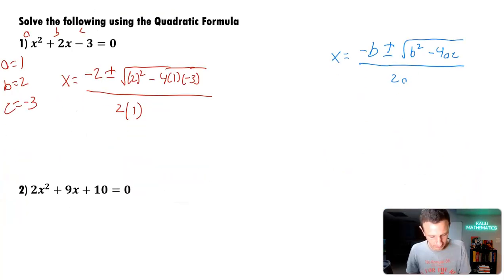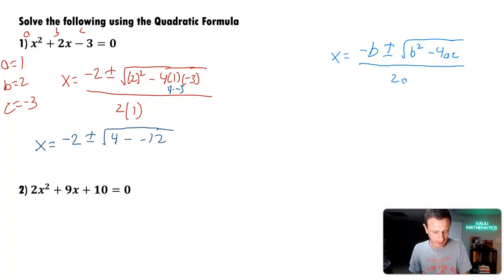So let's clean up the inside of the radical here. So negative 2 plus and minus the square root of 2 squared is 4, minus 4 times 1 times negative 3 is negative 12. I'm just kind of showing you the process. Probably moving forward, I'll just use a calculator for the inside there rather than taking the time to multiply all this out.